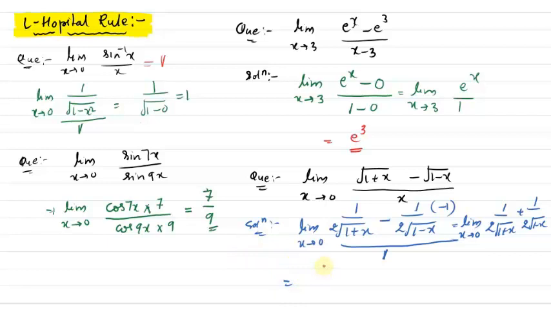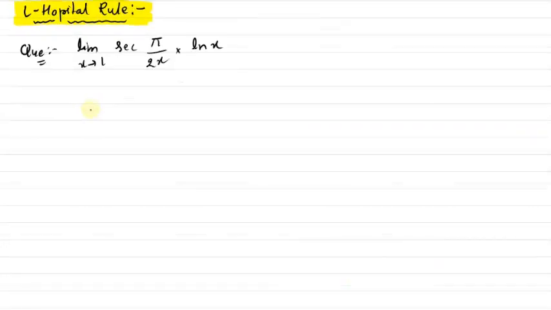If you put x as 0, the first term will become 1 by 2 under root 1 plus 0, which will be 1 only, plus in the second term also we have 1 by 2 under root 1 minus 0, that will again be 1. So it will be 1 by 2 plus 1 by 2, or you can directly say it will be equal to 1. Okay, moving on to the next question.